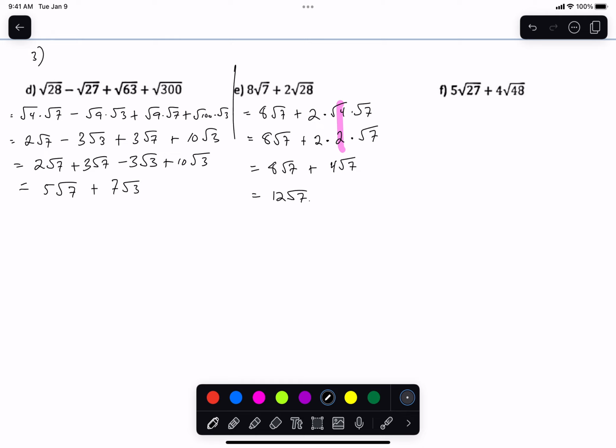Okay. For the last one, much like question E, you got to be careful with the string of multiplication that's going to come out as a result of simplifying the radical, right? So we're going to get 5 times the square root of 9 times the square root of 3 plus 4 times the square root of 16 times the square root of 3.